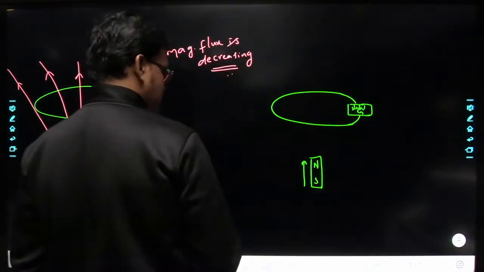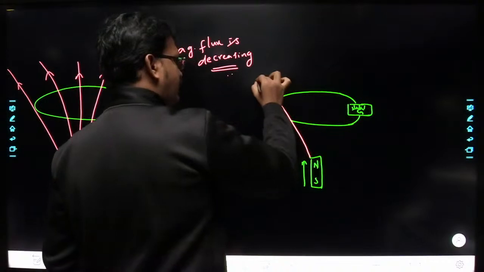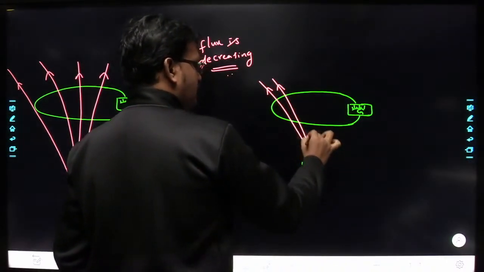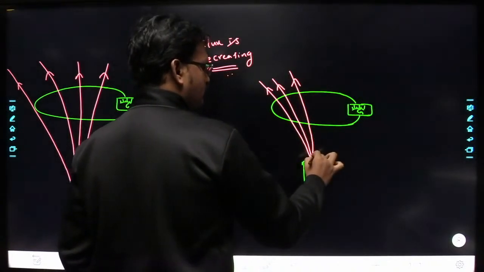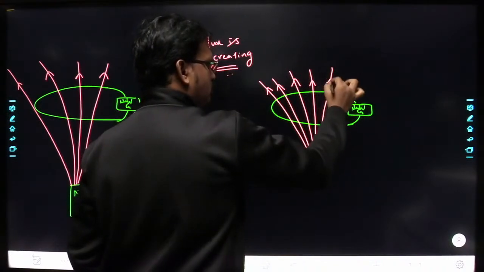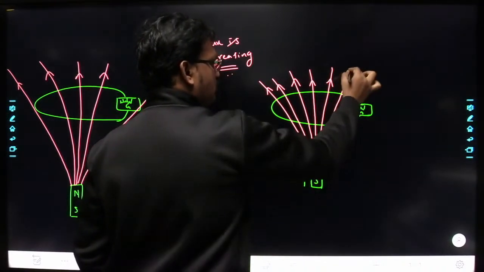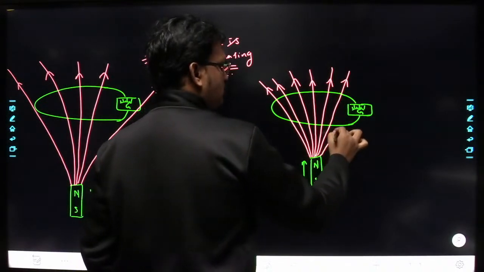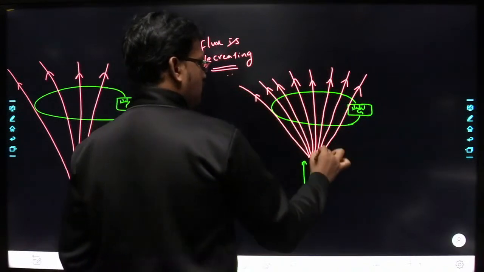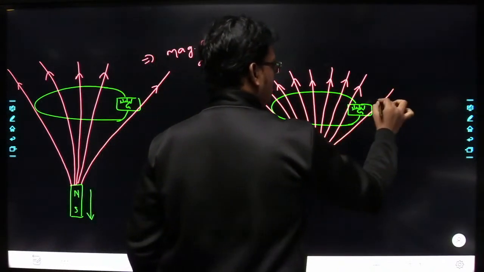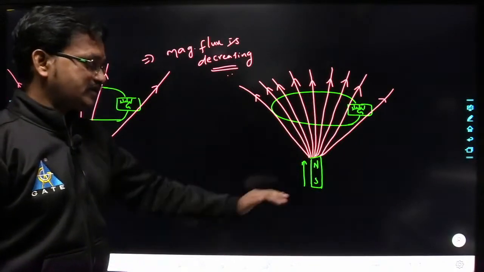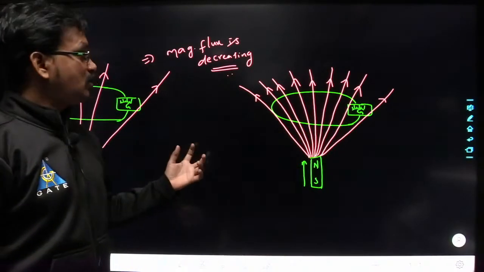What will happen here? The number of field lines that are going to penetrate through the loop is going to increase as the magnet moves towards the loop.